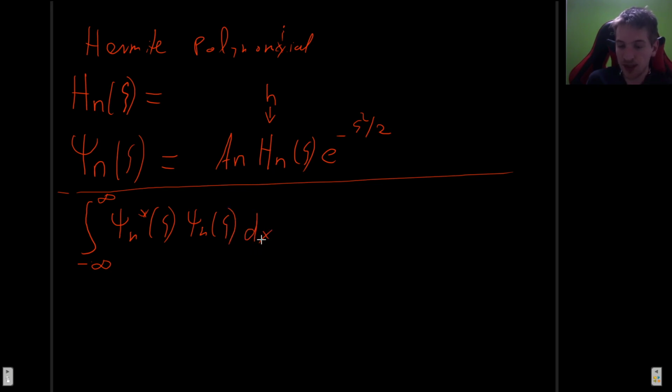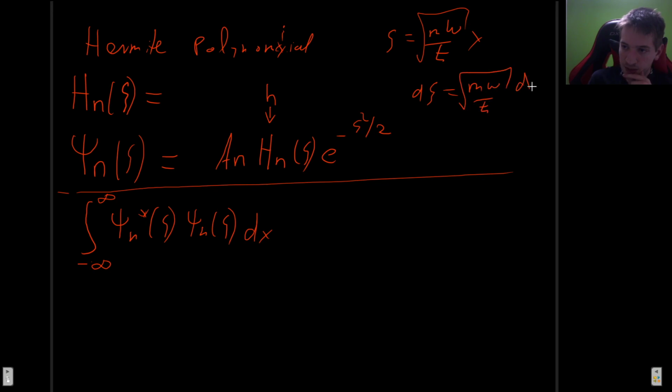So if we want to write this in terms of psi, we have to use our transformation, right? Because psi is the square root of m omega divided by h bar, times x. So dpsi is going to be the square root of m omega divided by h bar dx. So dx is going to be the square root of h bar divided by m omega, times dpsi.